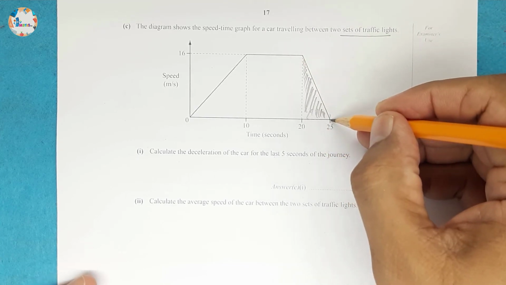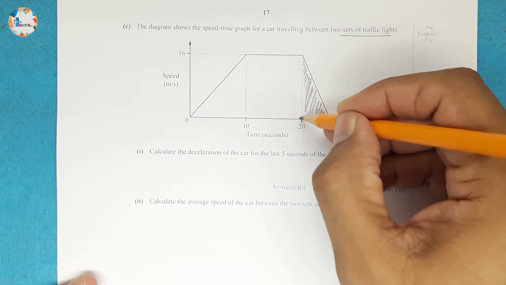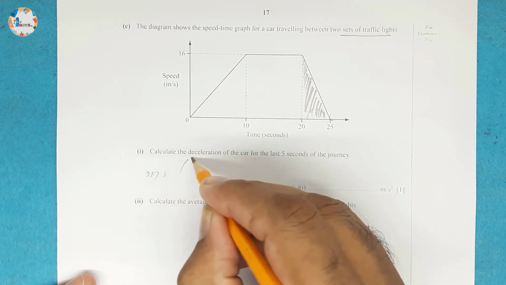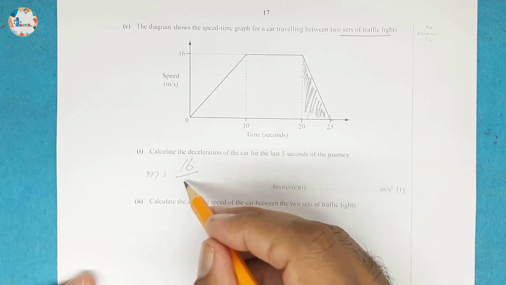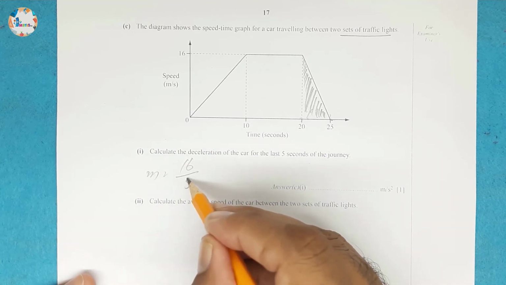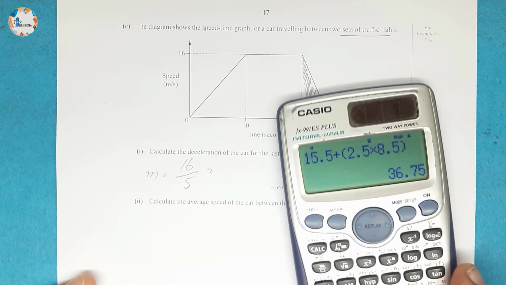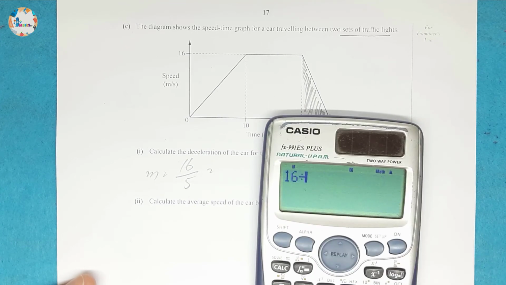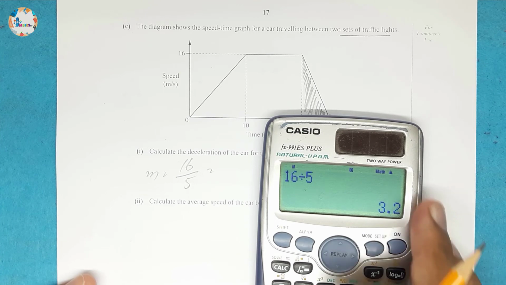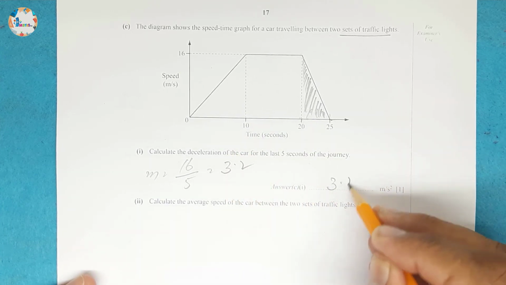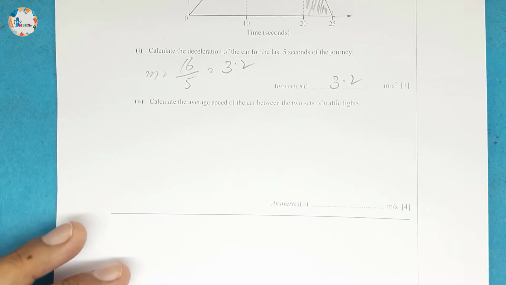The height is 16, so m is equal to rise over run, 16 divided by 5, which is equal to 3.2. So we can write the answer as 3.2.